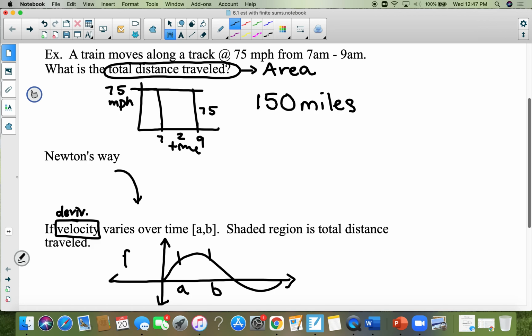This is an f prime of x graph. This is a derivative graph. If you draw the line down and down here, the shaded region is the total distance traveled. This area in here is called the total distance traveled. And to find the total distance traveled, all we're going to do is find the area.